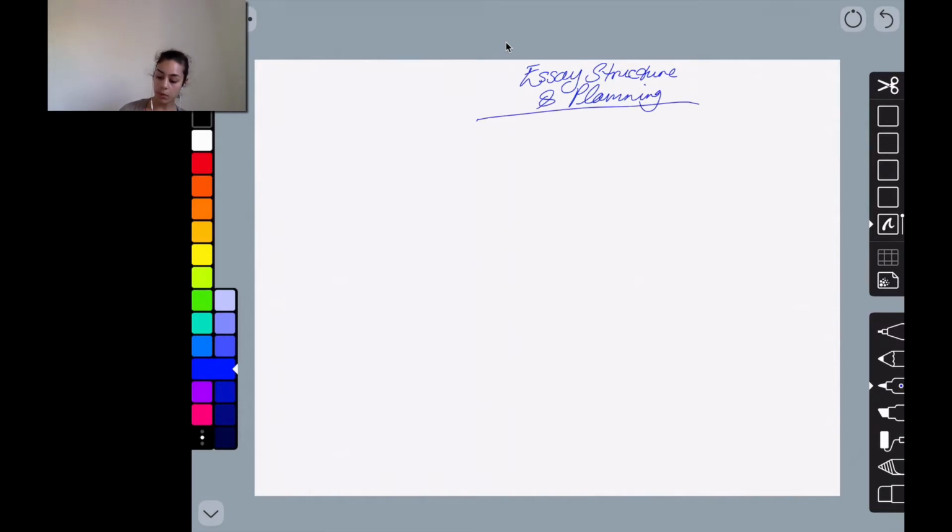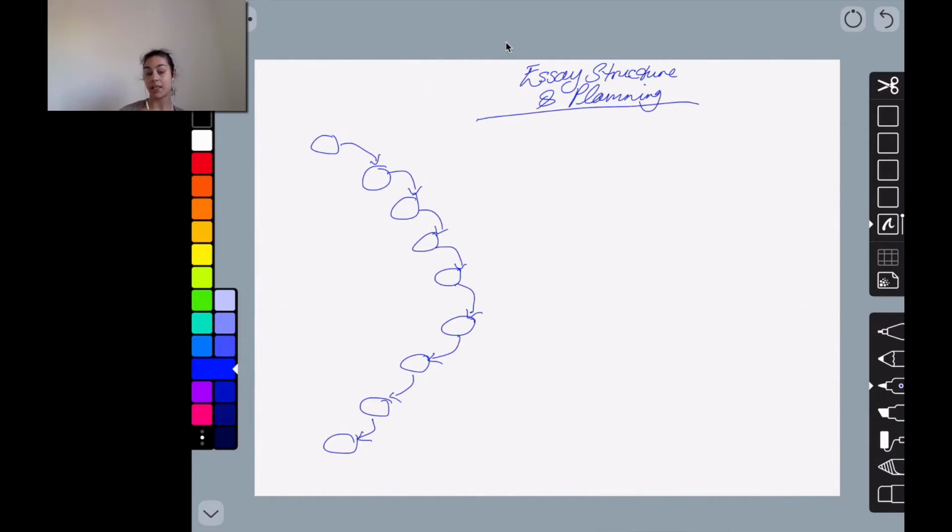So as we remember, if we go back to our little stepping stone analogy, we want each idea to logically follow on to the next one. And what you can do to test your idea is it needs to be so understandable that you could explain your argument to a small child. That's how simple it needs to be.